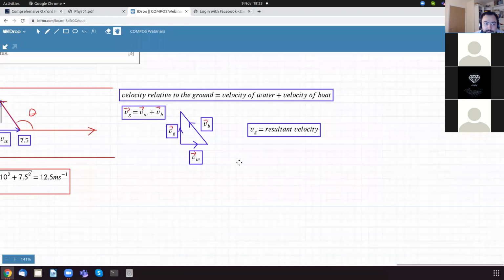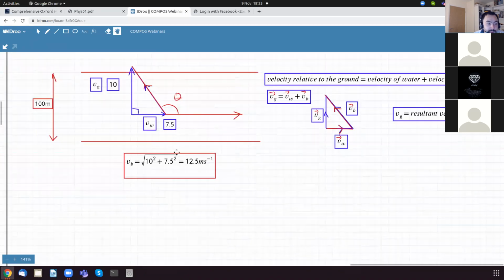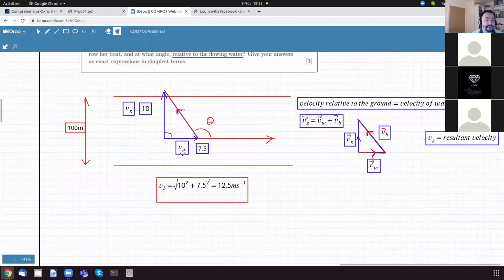The ground velocity is not the hypotenuse, no. Ground velocity is this side. Look, if you take this vector, the velocity of the water, plus the velocity of the boat, you get a resultant vector, which is this. Sometimes the resultant vector is shorter. Yes, the hypotenuse is the velocity of the rowing boat. So that's the trick here, just trying to figure out which one is which.